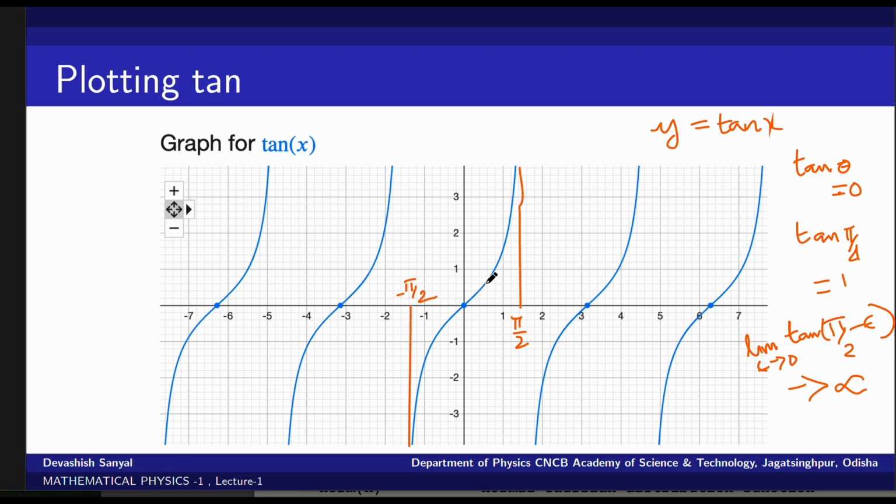When it's approaching pi by 2 from the left hand side, it diverges, and when it's approaching minus pi by 2 from the right side, it also diverges, but on the negative side, because this part is negative. So this is my y, and this is my x.